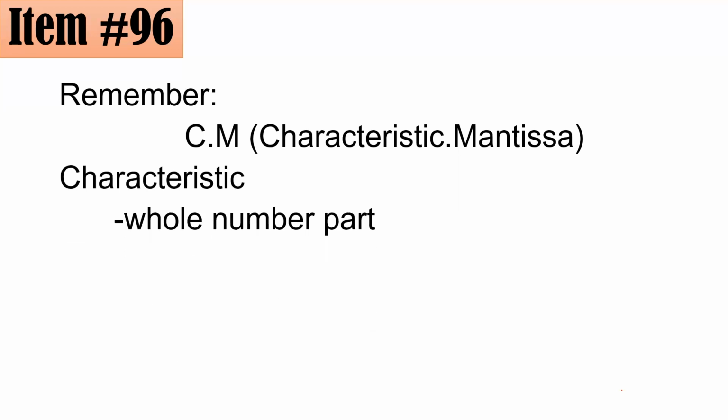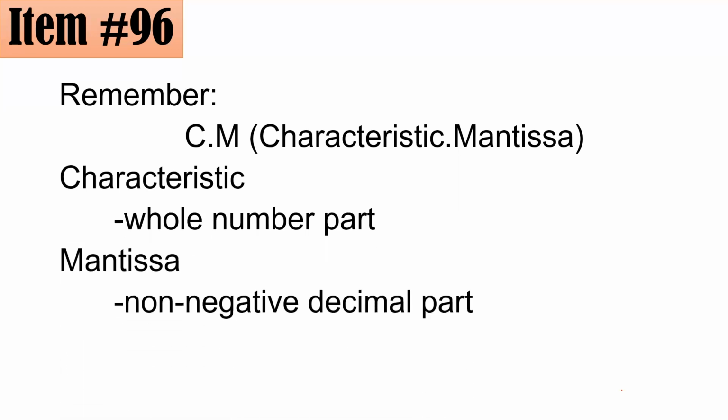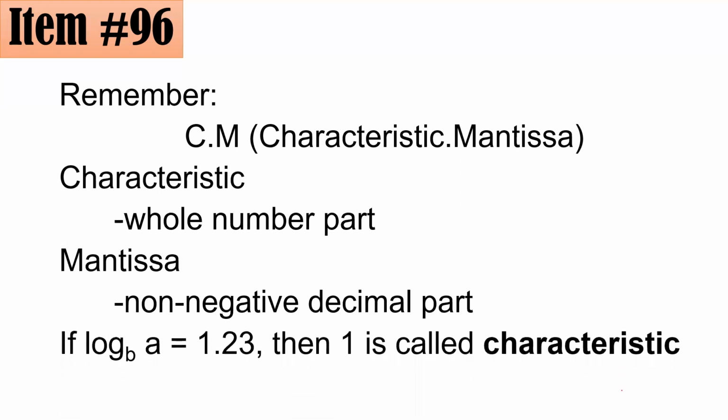The characteristic is the whole number part, and the mantissa is the non-negative decimal part. That's why in 1.23 here, 1 is called the characteristic, and 23 is the mantissa. So letter B.